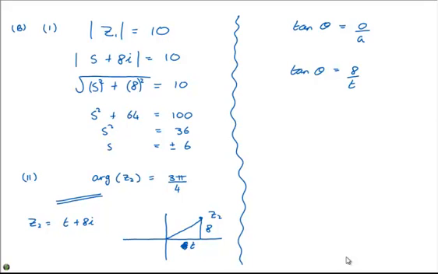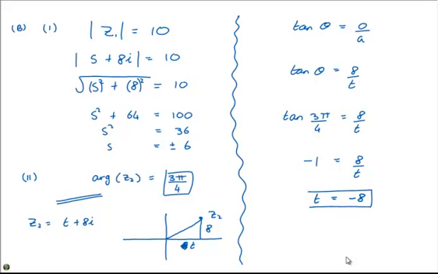But if you look back here, they've already told me what the angle actually is. So in other words, the tan of 3 pi over 4 is 8 over t. If you do that in your calculator, that's it.